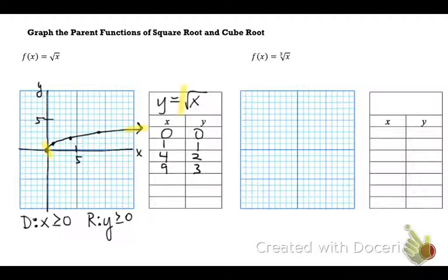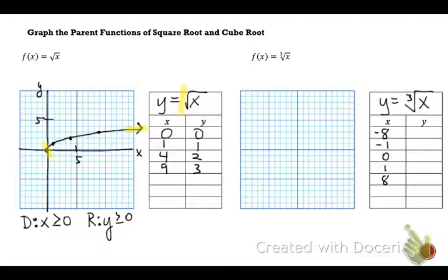Now, cube root is different. So we can plug in negative, 0, and positive numbers and take the cube root. So let's go with even cubes, and let's start with the negative. So negative 8 is a perfect cube, negative 1, 0, positive 1, and 8.